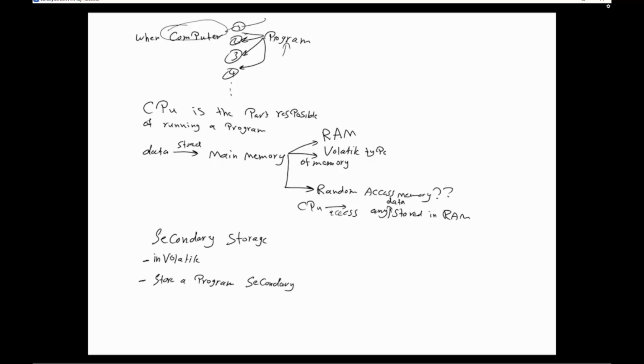And if we decide to execute it by the CPU, then it's going to be transferred to the RAM so that the CPU could work on that program or run that program, as we said.